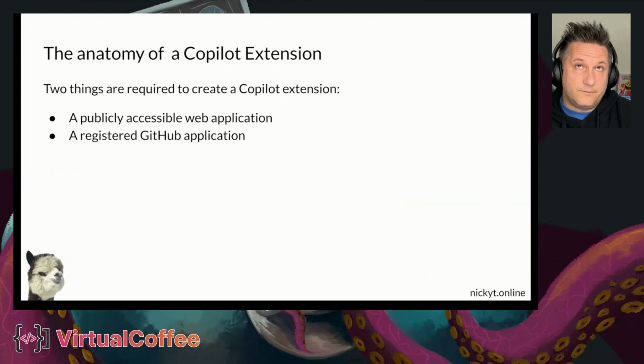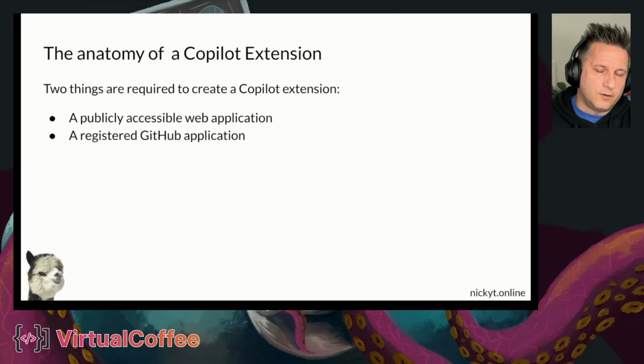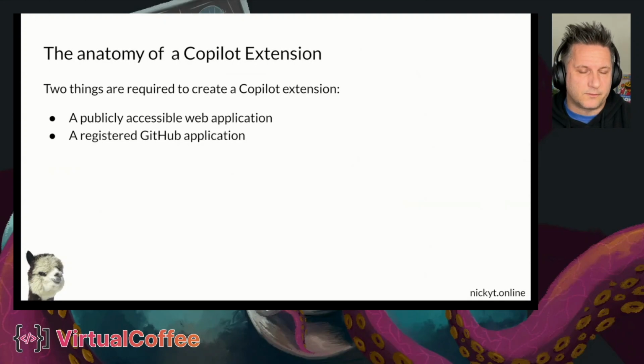There are Copilot extensions just for VS Code that don't require a GitHub application, but I'm not going through that whole flow, though there should be links if you want to look into a VS Code specific one. I'm going for the more general purpose. So this kind of extension would work on github.com, VS Code, GitHub Codespaces, wherever.